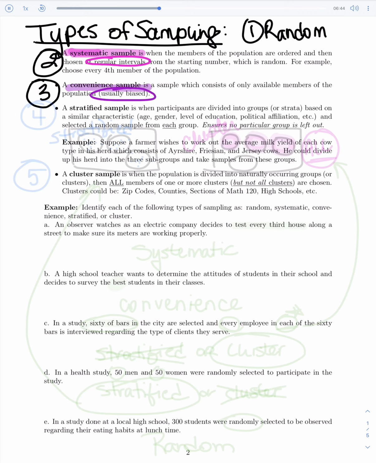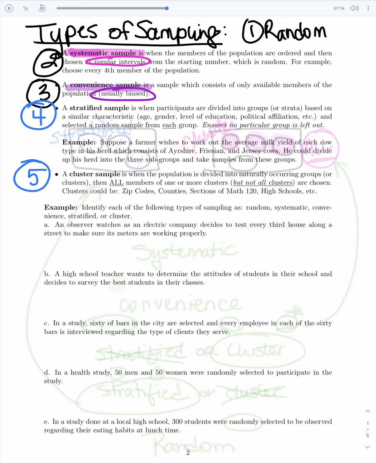Okay, the last two I'm going to group together as stratified and cluster because these get confused a lot. I like to cover this by drawing pictures, in the middle of the page.